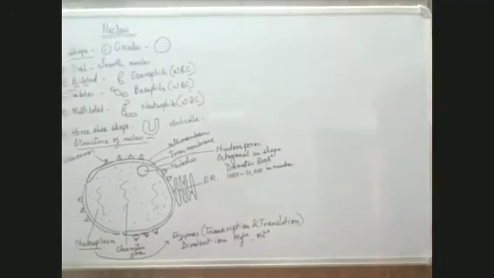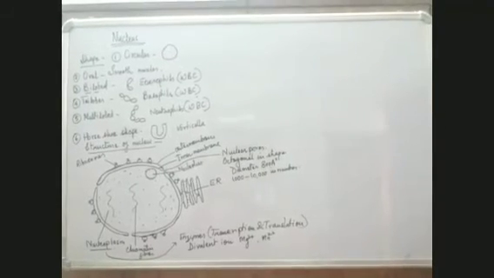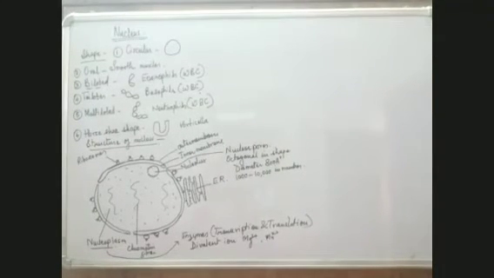Now after this, I would like to start with the next topic. But first, children, I would like to discuss one thing with you. In the test, there was a question on the mechanism of insulin action.